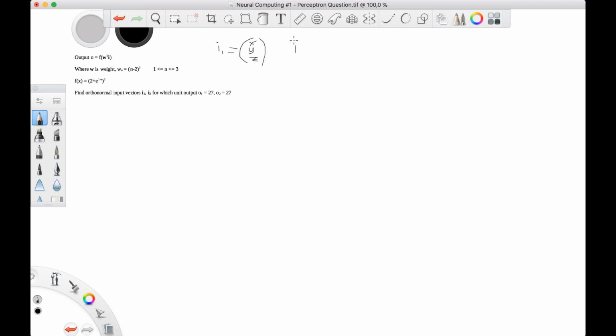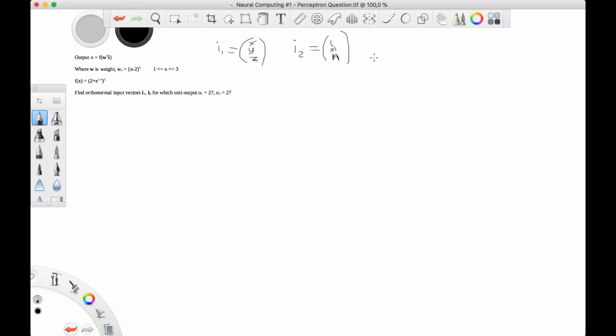And let's say that I2 is equal to L, M, and N. Right, let's just fix this N a little bit. It looks a bit too much like an H.